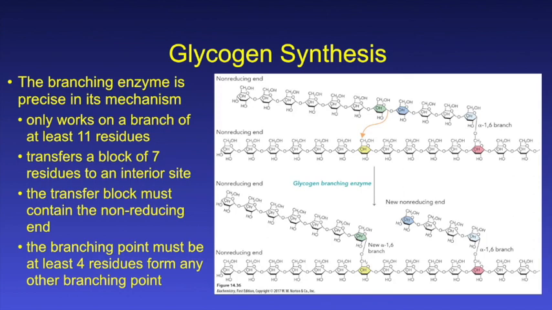It can work on something longer, but it has to have at least 11 residues, and it transfers a block of 7 residues to an interior site, but it has to transfer away at least 4 residues from any other branch point. Now, it is random in which it actually makes the branching.